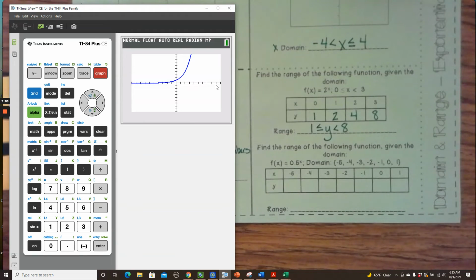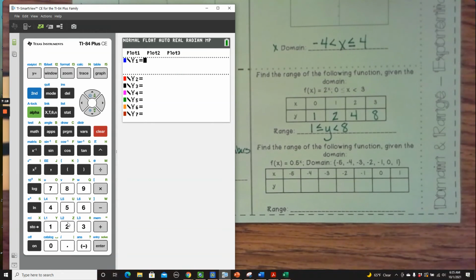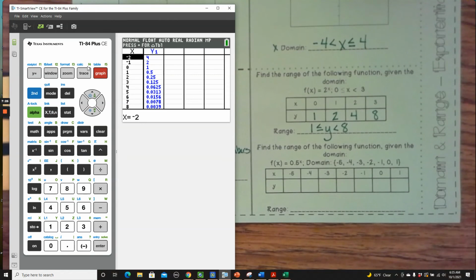So the following one says, find the range of the following function given the domain. So we've got 0.5 to the x, and then here's my domain. So here is that example. We are just given for these x values, none of the x's in between. So we're going to go to y equals and do 0.5 to the x power, second graph.